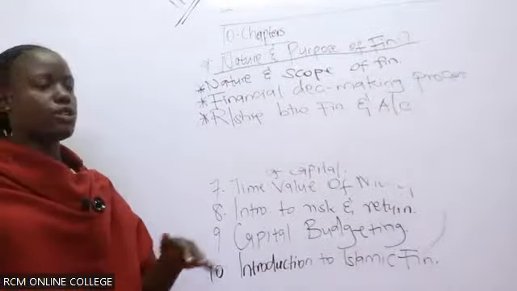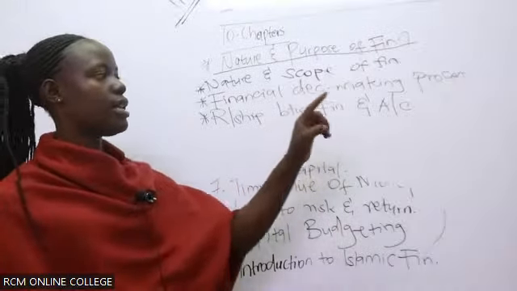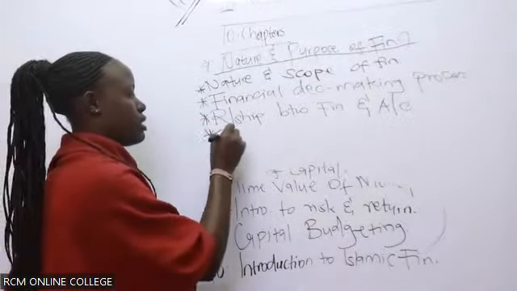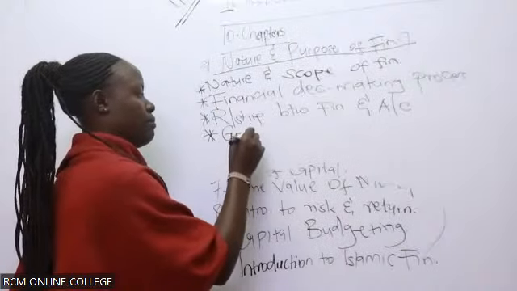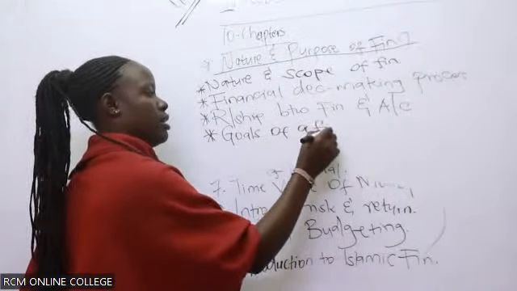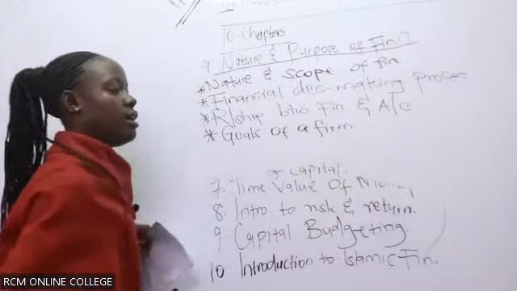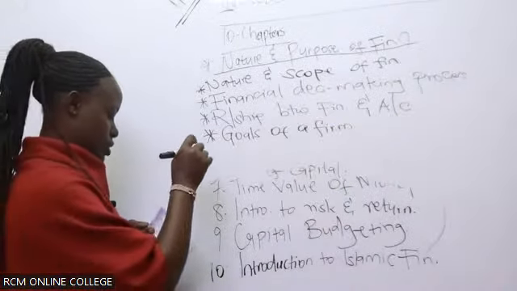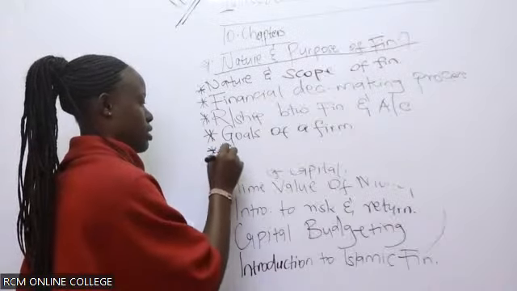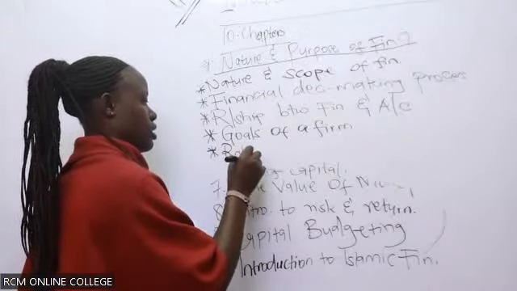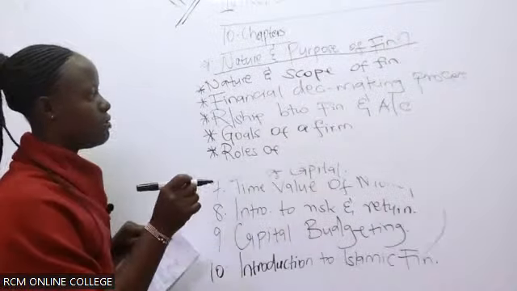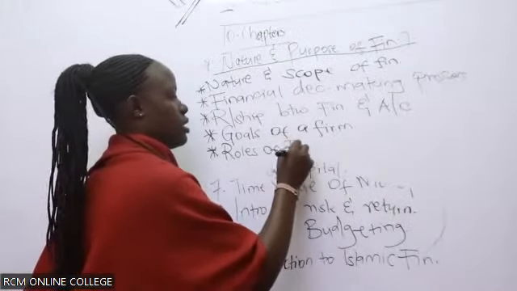You look at the relationship that exists between finance and accounting. Once you look at that, you'll proceed to the goals of the firm. Then you'll finally look at the roles of finance managers.